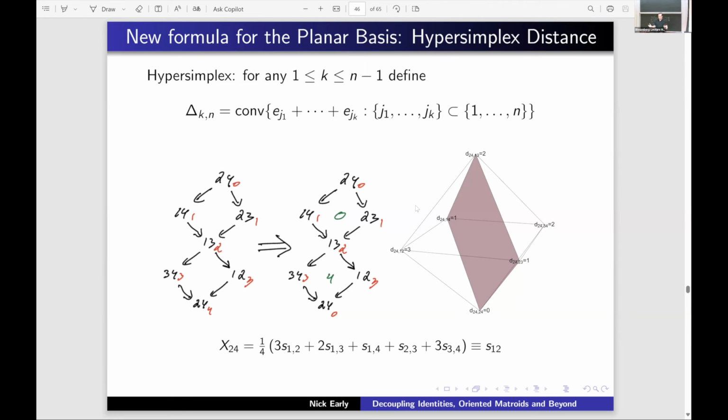Okay, so here is the formula. We define a distance function. So this is defining X_24. We define the coefficients of the Mandelstam invariants in this linear combination such that, modulo momentum conservation, it reduces to a planar kinematic invariant.